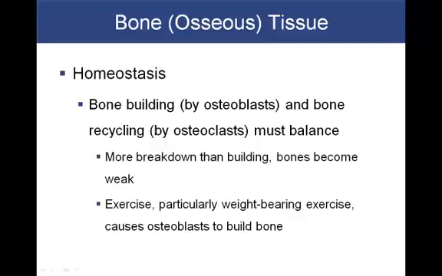On the opposite end, exercise. Individuals who go and lift weights, they pump iron. This causes osteoblast activity to increase, and bones become stronger. Bone mass increases.